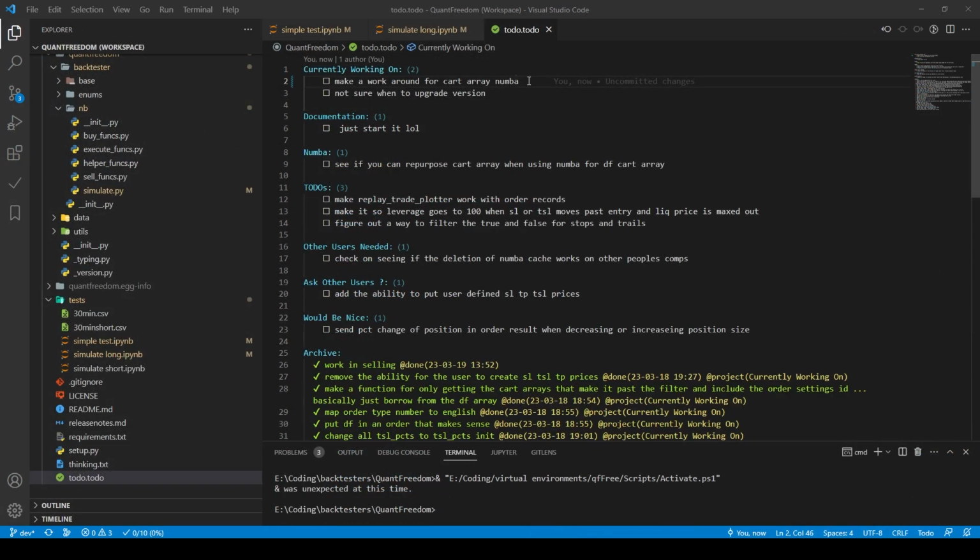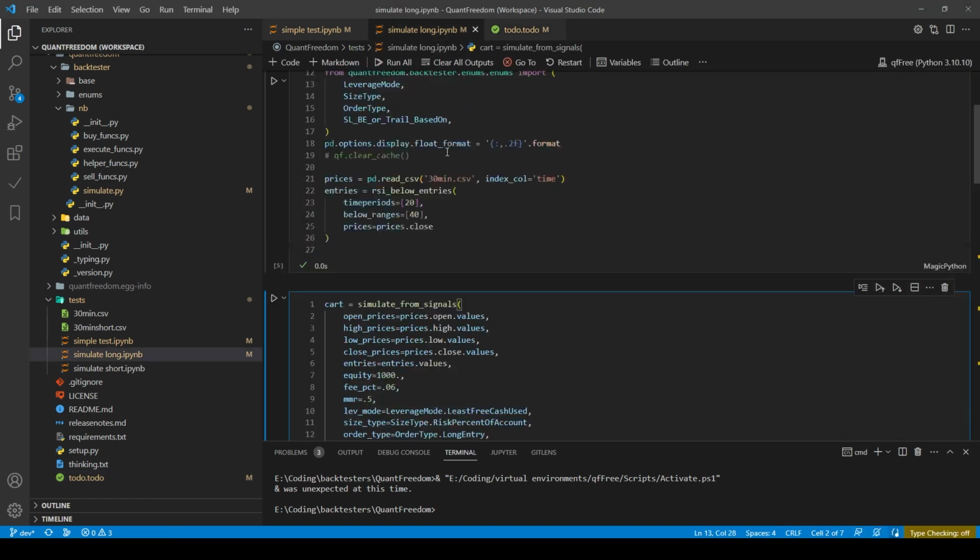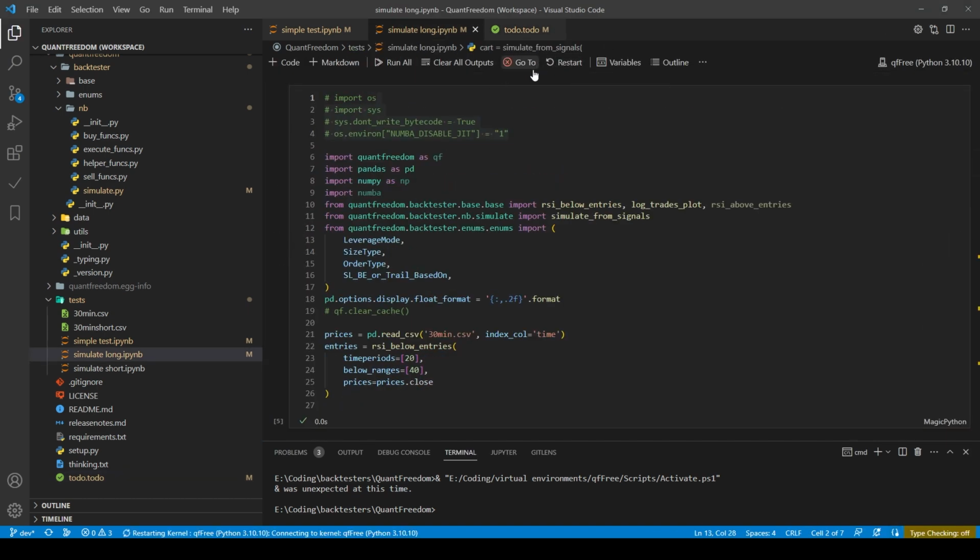Alrighty, so we did this. Not sure when to upgrade the version. Oh yeah, I just said if I get it fixed with numba, which seems like it is working.